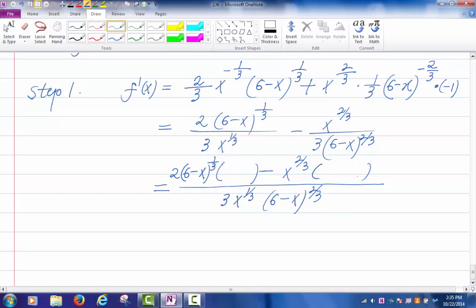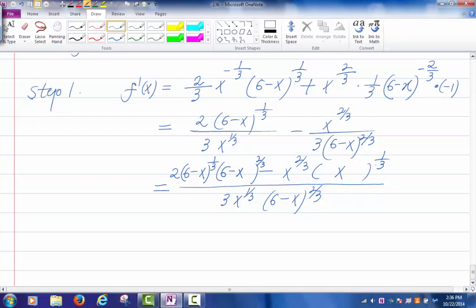You divide the common denominator by the denominator of the first fraction. What is that? 6 minus x to the 2/3. Very good. And then what do I multiply the second numerator with? x to the 1/3. Everybody agrees.